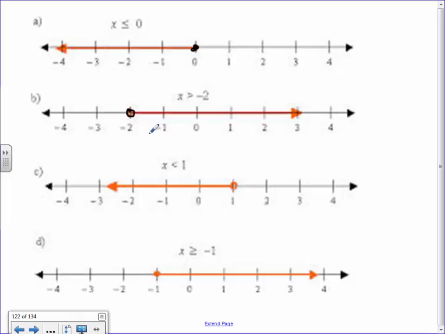You heard that before? And then you just draw an arrow saying, well, everything on this side right here, that's less than or equal to 0. If you want greater than -2, use an open dot and draw the arrow the other way. So the key now, though, is how do we work with this with our linear, quadratic, absolute value, and reciprocal graphs? So that's my next few slides.